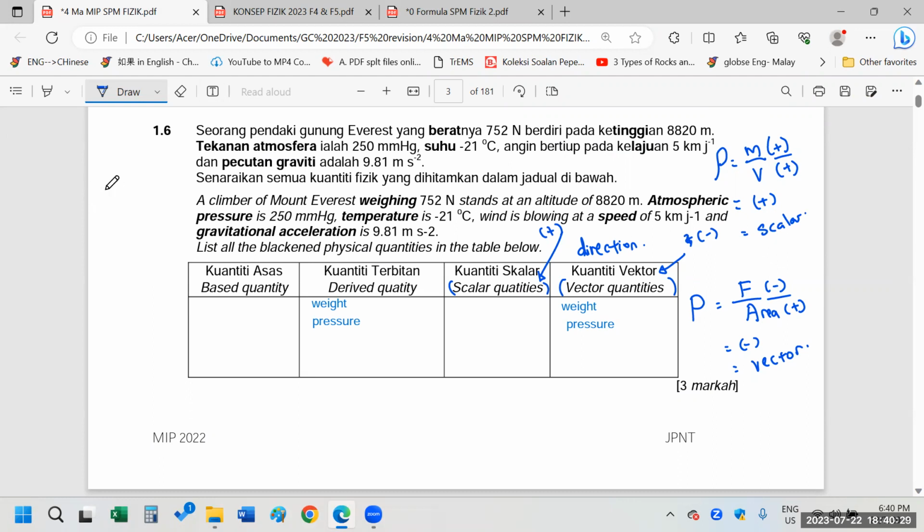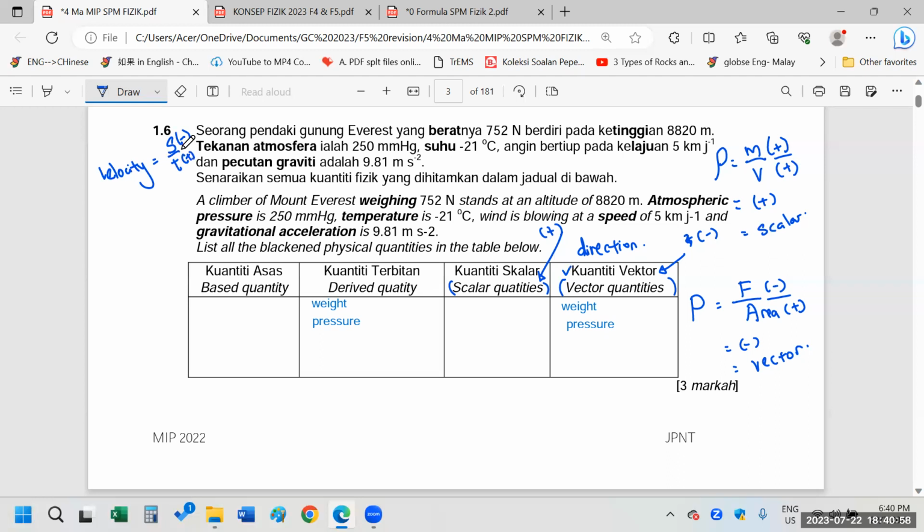Okay, then speed and velocity. Velocity equals displacement over time. Displacement is negative, so it is a vector quantity.